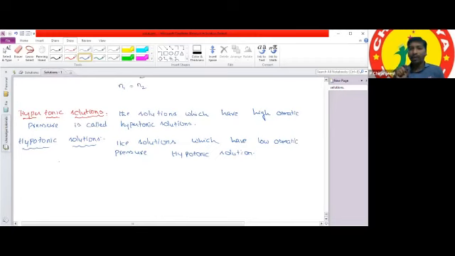When a raw mango piece is placed in a salt solution, is it going to swell or shrink? That is my question. Aditi, you got the question?